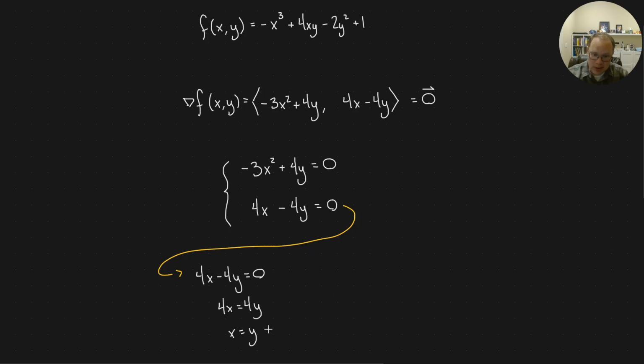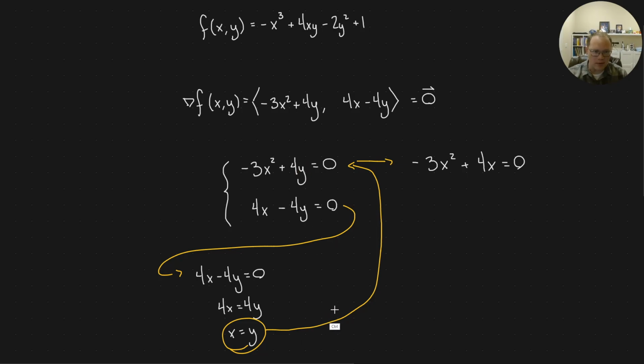All right? So now I'm going to take that and plug it in here. I could either plug in x for y or y for x. In this case, I will plug in x for y. So I get negative 3x squared plus 4x equals 0, plugging in x for the y here.